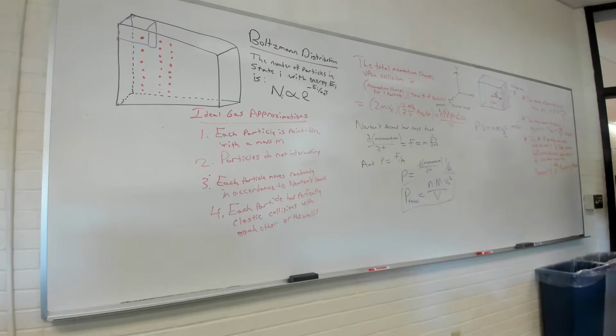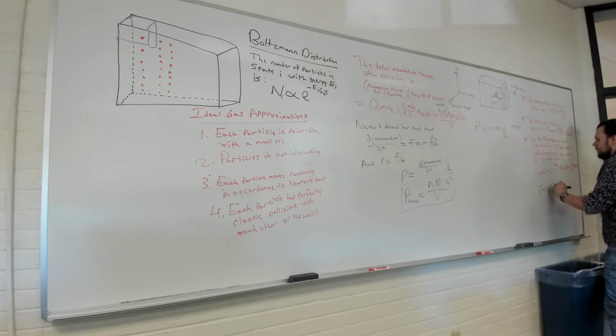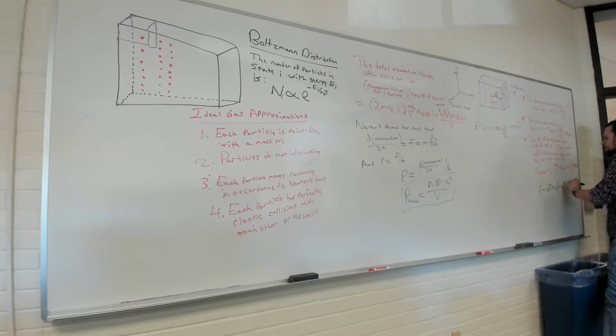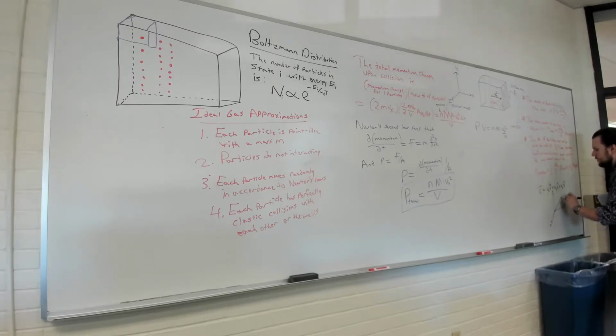But the thing is that they're all separate. We can separate velocity. Remember, velocity is a vector, so it's got an x component, a y component, and a z component. And they're all separate.